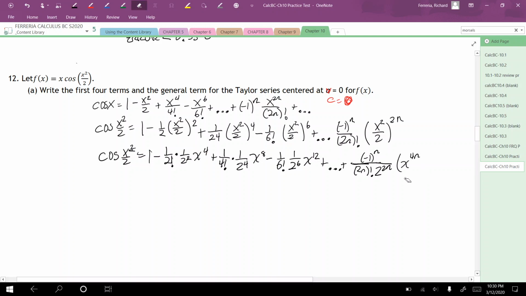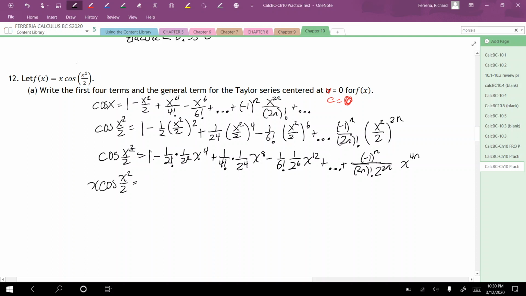It's not really necessary. So that is almost finished. This is definitely the most unwieldy series that we work with. We're going to multiply everything by x, and that should give me my series for f of x, so x cosine x squared over 2.